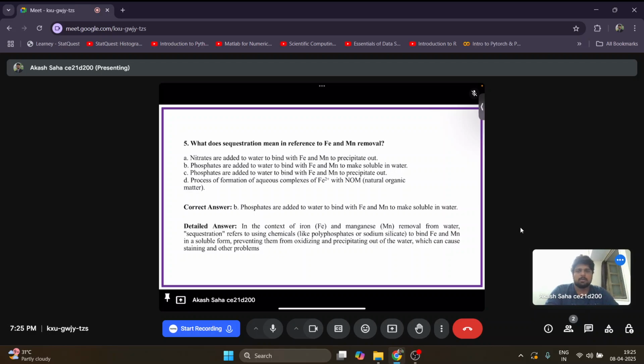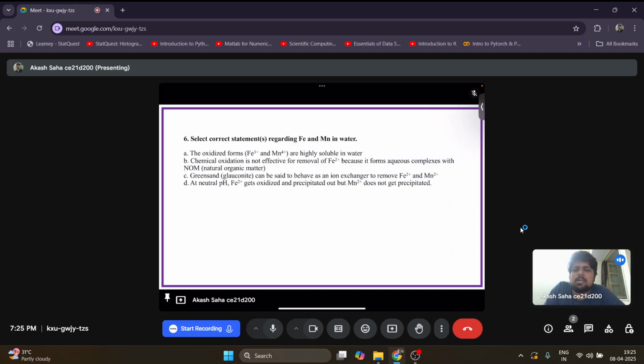Now, moving forward, we have the sixth question. It says that the oxidized form of ferric and Mn4 manganese are highly soluble in water. Chemical oxidation is not effective for the removal of ferrous because it forms aqueous complexes with natural organic matter.